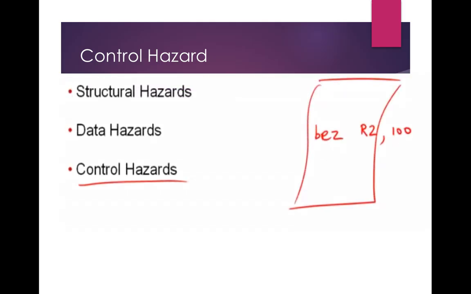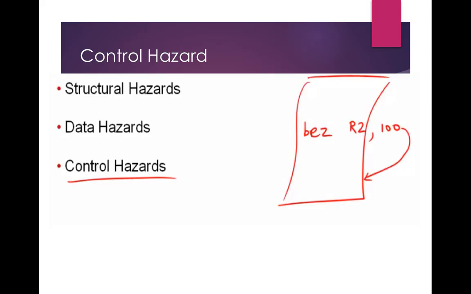When a branch instruction occurs, we check whether the branch is to be taken or not. Here a problem occurs. In normal sequential instruction fetching in a pipeline, the program counter value is incremented by 4, so the next instruction gets executed.